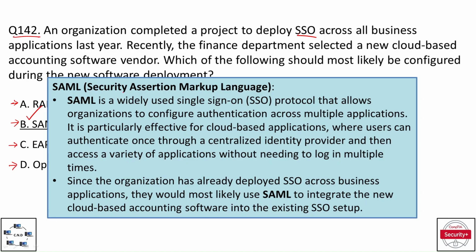So SAML, or Security Assertion Markup Language, is a widely used single sign-on SSO protocol that allows organizations to configure authentication across multiple applications. It is particularly effective for cloud-based applications where users can authenticate once through a centralized identity provider and then access a variety of applications without needing to log in multiple times.